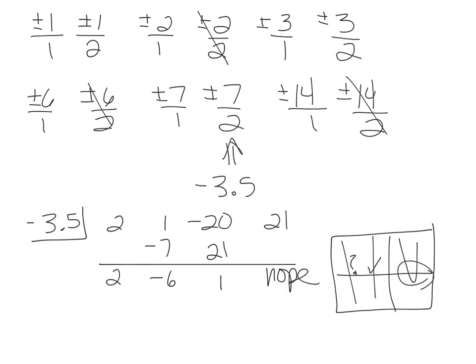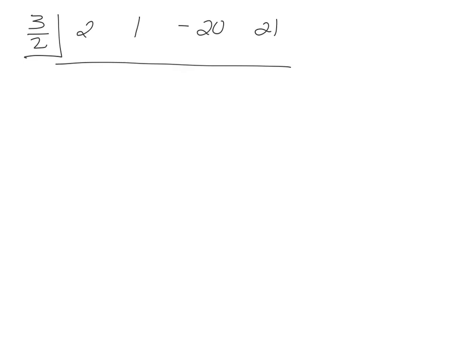So let's try one of these. I'm going to shoot for 3/2 for one of those and see if that works, but I need a new slide. So I'm going to use the same coefficients, but I'm going to divide by 3/2. 2, 1, -20, and 21. Okay, 2 times 3/2.